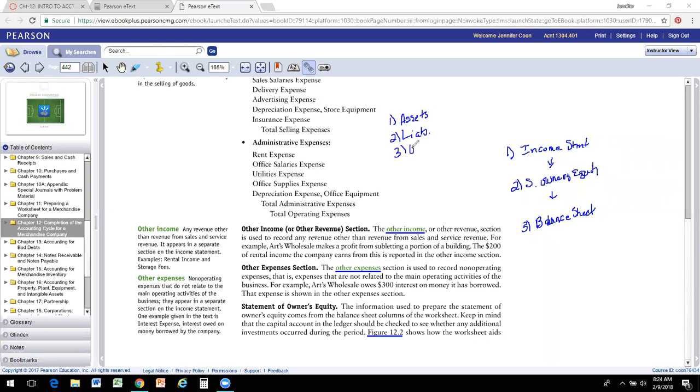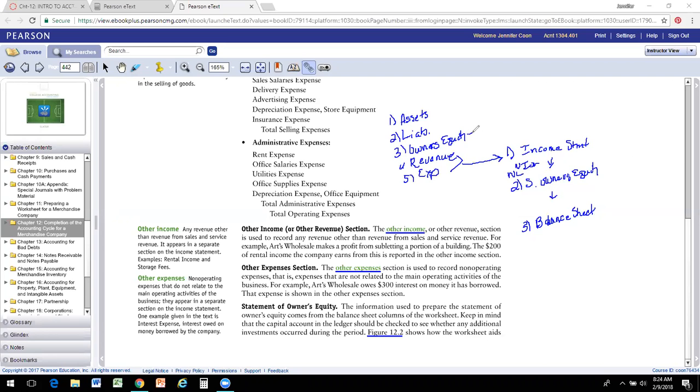Then we have owner's equity. And then we have revenue. And then we have 5 that is expenses. Okay. So on our income statement, our 4s and 5s go to our income statement, and we come up with net income or net loss, right? Then that is what flows into owner's equity.